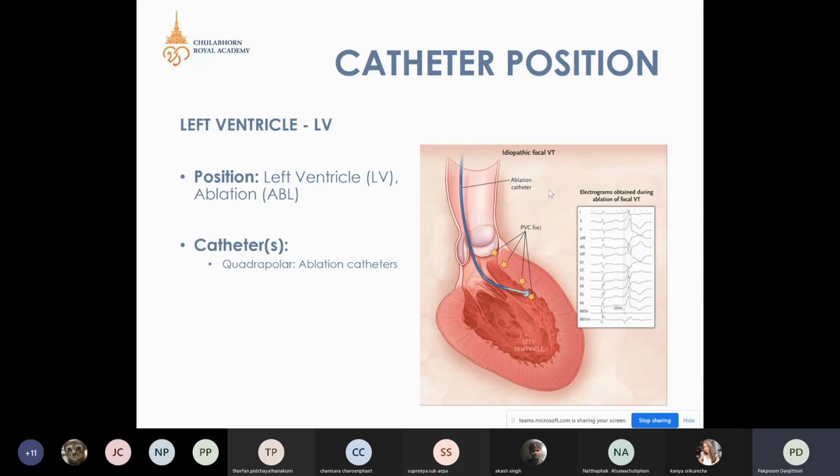as well as an accessory pathway from the left side.